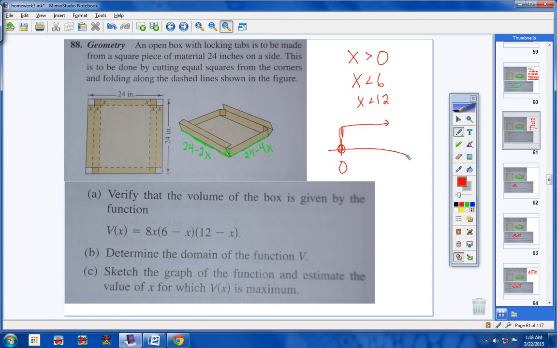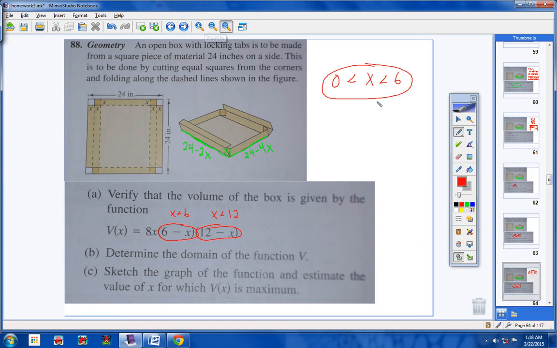However, this constraint here says less than 12, fine, but this constraint here says less than 6. So we've got to go with where they all agree, and all three of them agree right here, in that area right there, greater than 0. I mean, less than 6 is also less than 12, but less than 12 is not necessarily less than 6. So the area they all agree is right in here. So the domain would be x is greater than 0 and less than 6, okay?